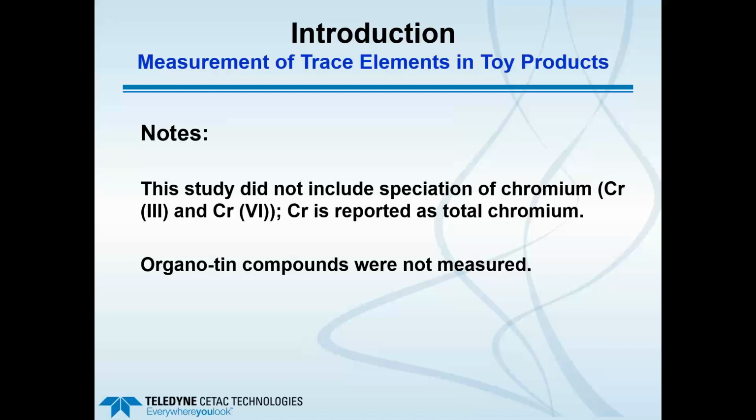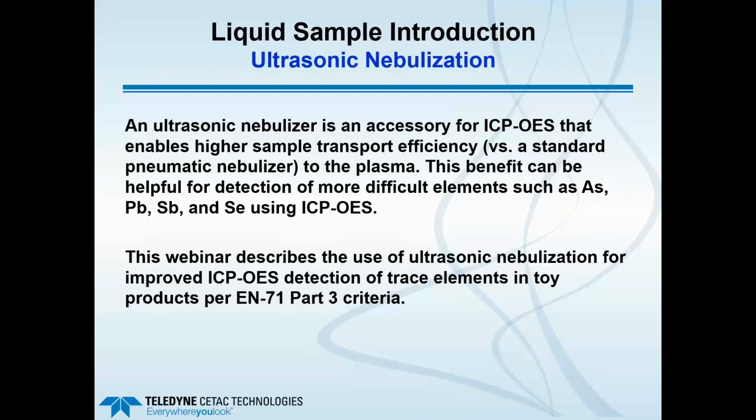The accessory we are going to look at today is an ultrasonic nebulizer, an accessory for ICP optical that enables higher sample transport efficiency to the plasma versus a standard pneumatic nebulizer.